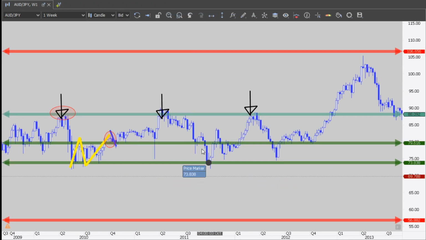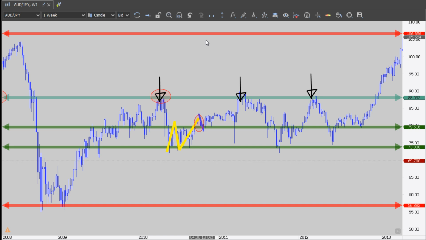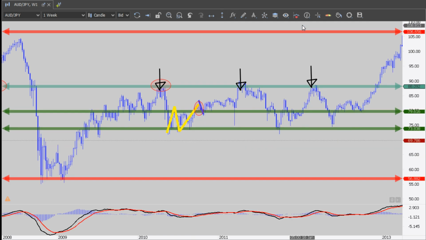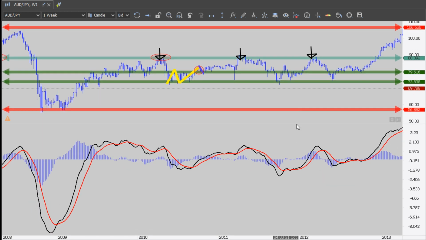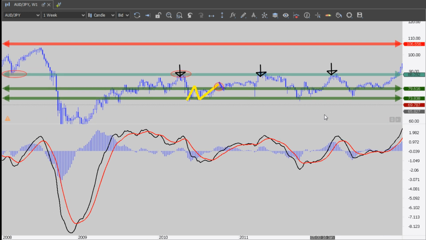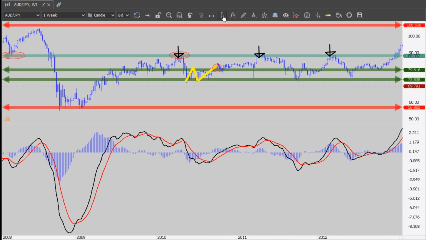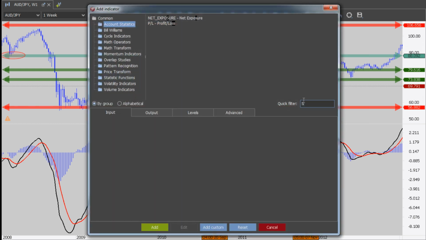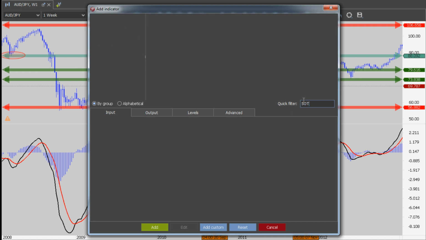And where is the chart? Now, where is the MACD? See, the MACD said to you, oh yes, you can go, but the market reversed. So the MACD is not going to help you on a pivot point. Add indicator, where is the stochastic RSI?